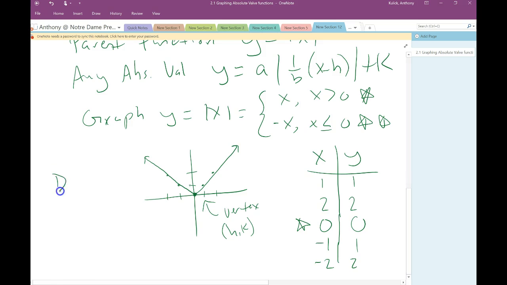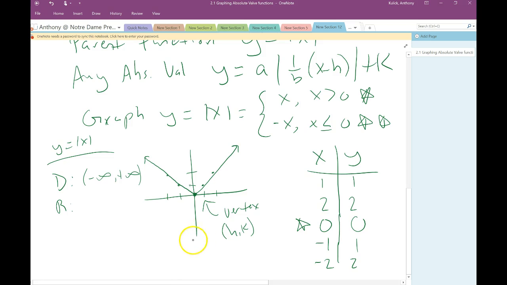Let's just take a moment and talk about the domain and range for this function, y equals the absolute value of x. Well, if we start at negative infinity, we notice that tracks up to points, and any x values I choose are going to be represented as points in my function. So my domain is all real numbers.